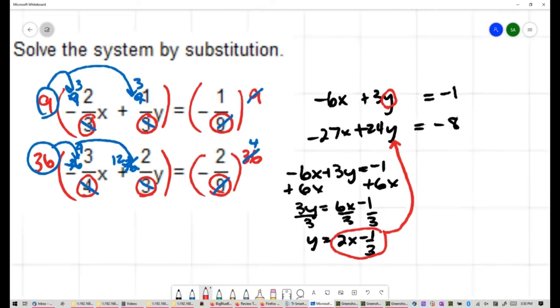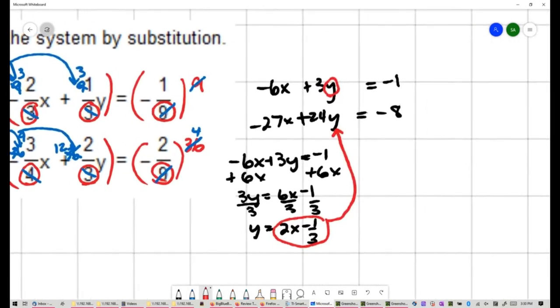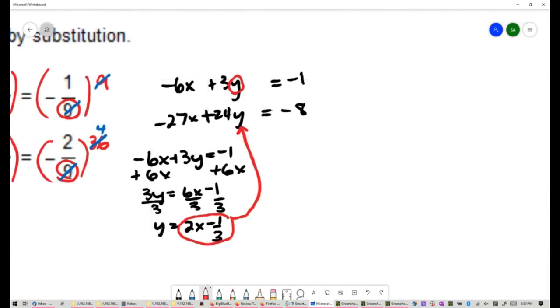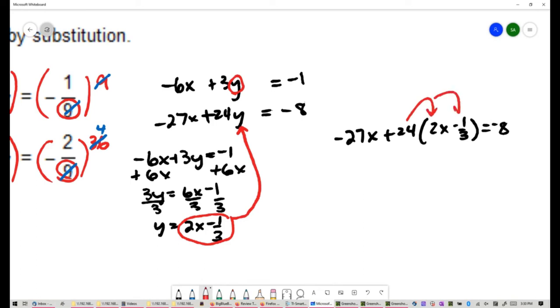So I'm solving for y and substituting in for y. When I substitute in, I would get negative 27x plus 24 times (2x minus 1/3) equals negative 8. I'm going to distribute that 24 to get negative 27x. 24 times 2 would be 48x.